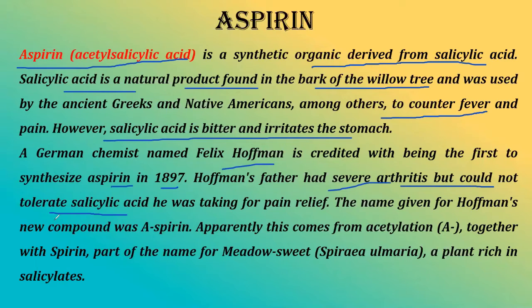Hoffmann synthesized a new compound and gave it the name aspirin. Apparently this comes from the acetylation, and the "spirin" part is the name for meadowsweet, a plant rich in salicylates. Let's go to the next slide.